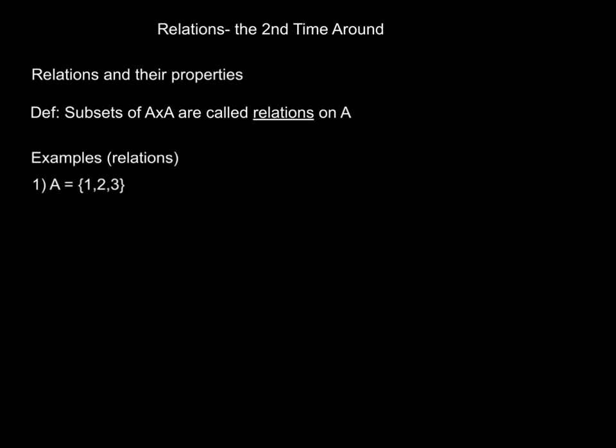An example: if A is equal to the set {1, 2, 3}, then A cross A will equal, we'll start with the first element of set A and combine it with 1, 2, and 3. So we'll have (1,1), (1,2), and (1,3).